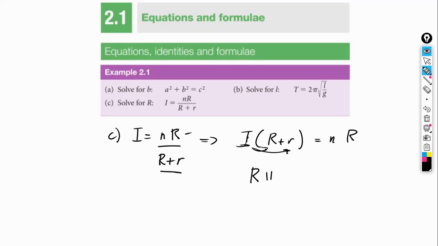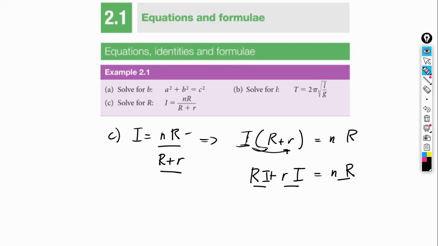Ri plus small r times I. And this equals n times capital R. So now we have to bring the expressions that have R to the left and move this part to the right.